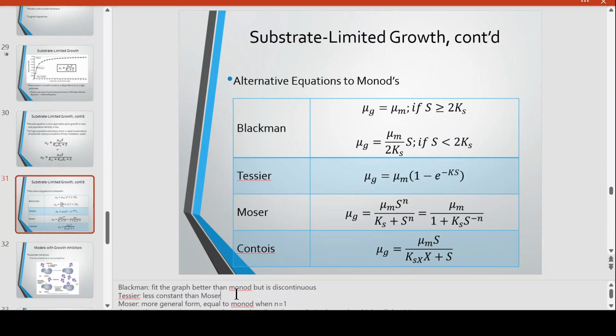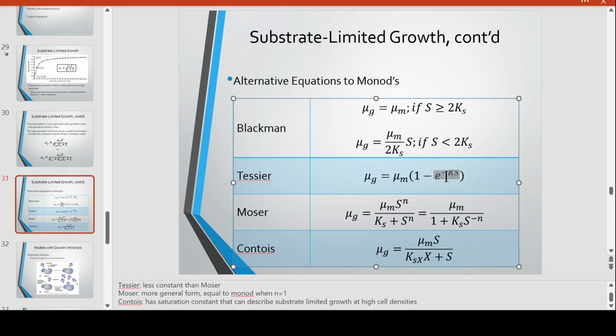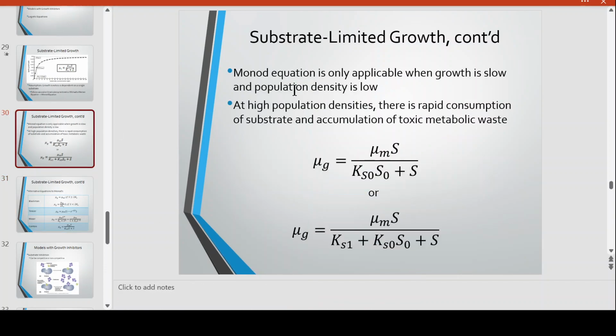Tessier has the advantage of having fewer constants than the Moser model, which is full of many different constants. The Contois model has saturation constants that can describe substrate limited growth at high cell densities. So Contois basically answers the issue with the Monod model at high population densities.